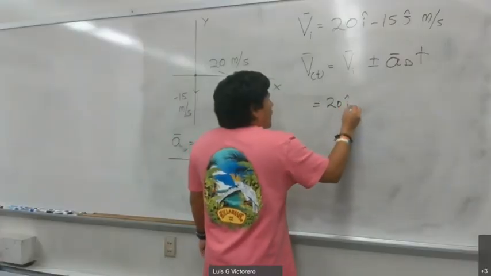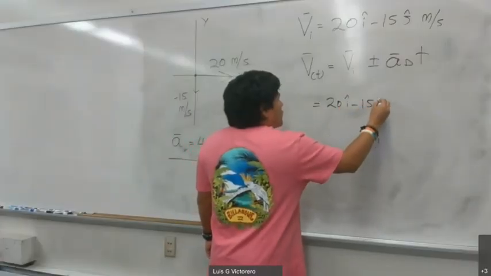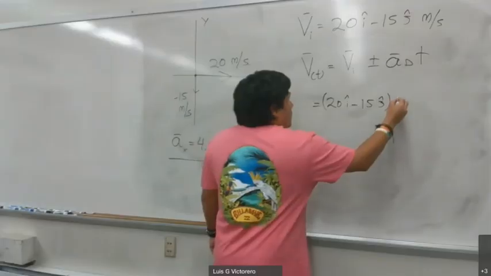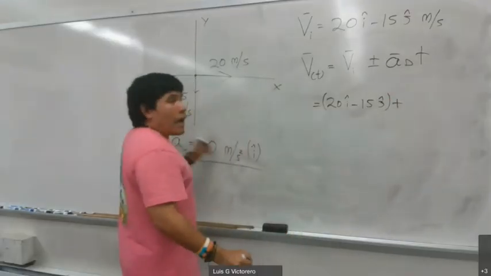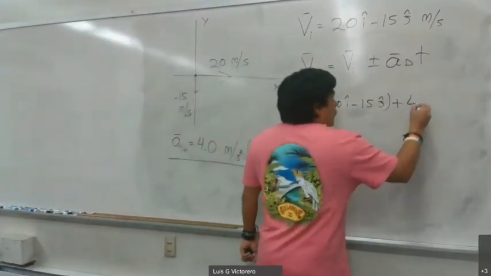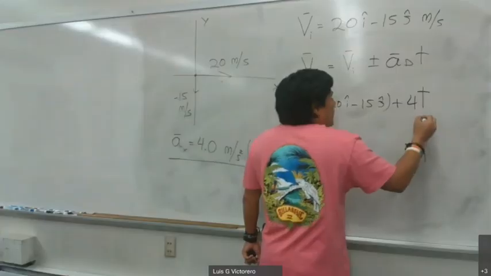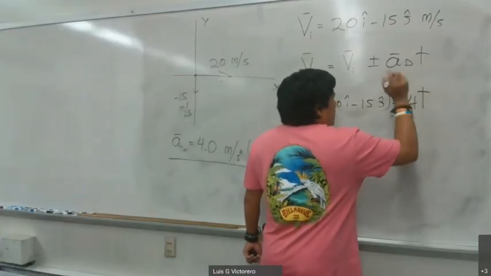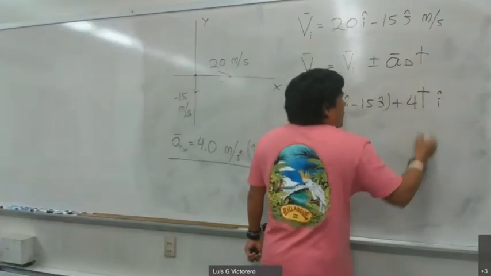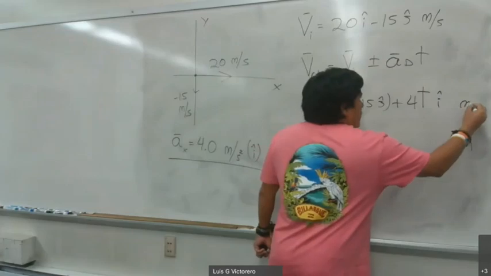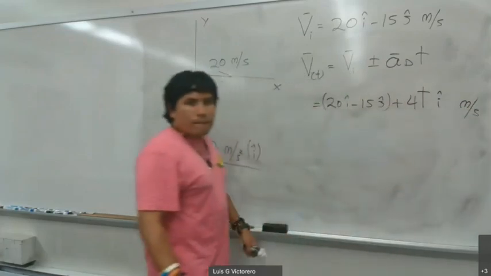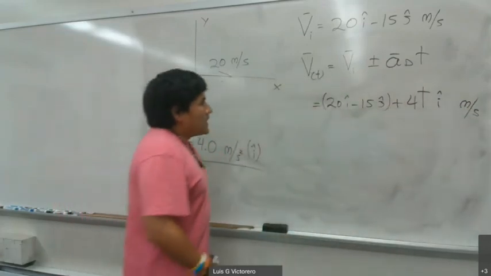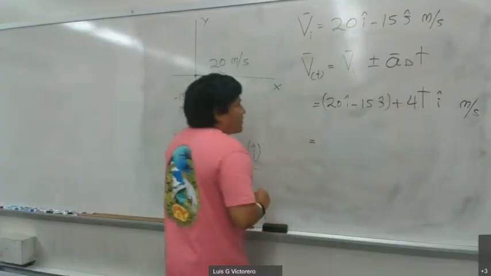20i minus 15j plus 4ti. Now, i's with i's, j's with j's.